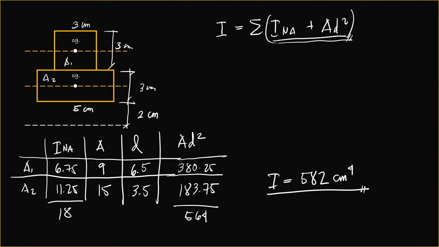Okay? Now, you are lucky because the axis is already identified. We already know the location of the axis, so we can get the moment of inertia. Now, what if we do not know the axis? For example, if you are trying to find the centroidal moment of inertia of the composite shape, that is about the neutral axis of the composite shape.